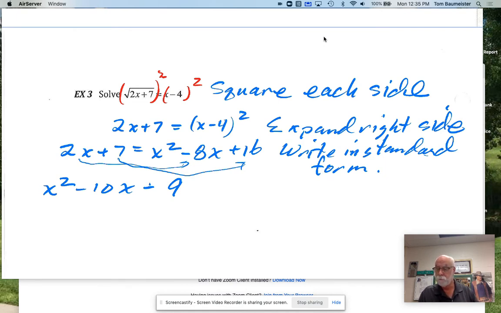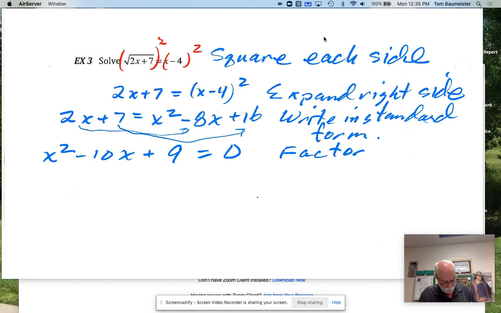All right, so now we're going to factor. And let's see what we remember here. So since we have a coefficient of 1, we know that we can put an x there. We can put an x there. I look at this sign here, it's positive. I look at that sign there, it's negative. So that tells me that both of those are negative. And what are factors of 9 that add to 10?